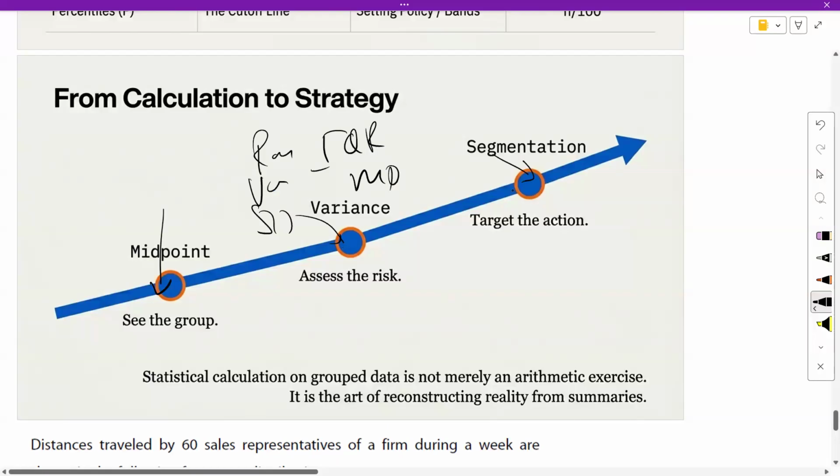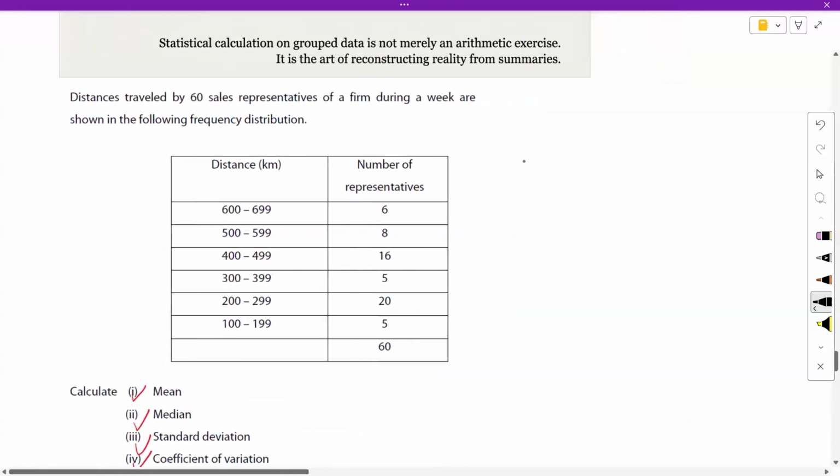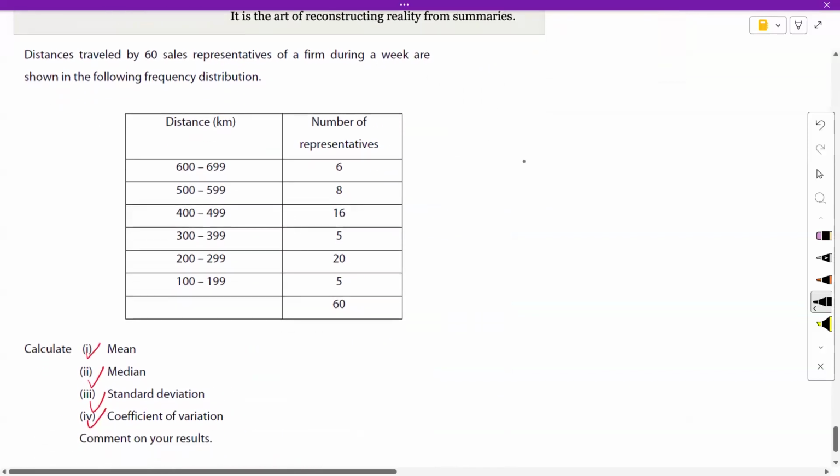And here this is an exercise. Here the data is given to you. The distance traveled by 60 sales representatives of the firm during the week is shown in the following distribution table.